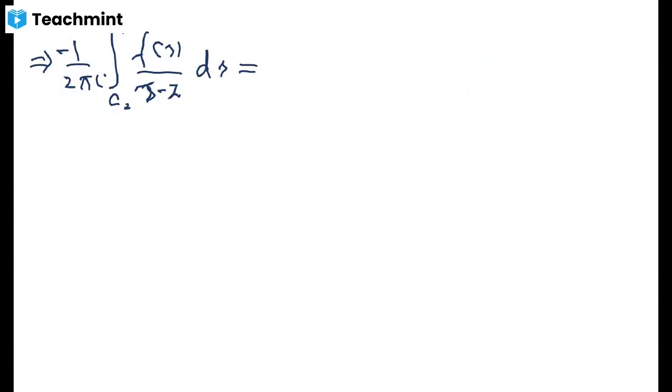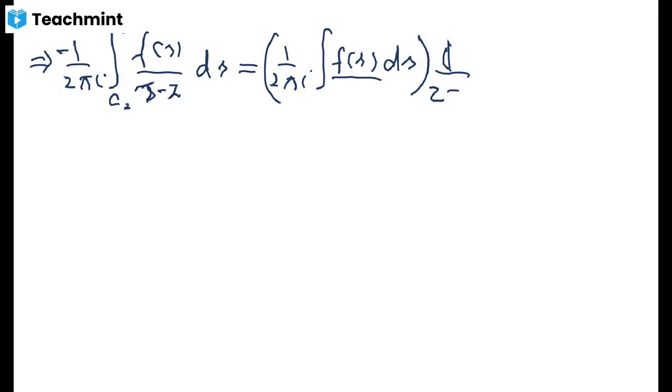So it is now 1 upon 2 pi i integral of f of zeta d zeta upon, sorry, let me write it, 1 upon z minus z naught. I can write this z minus z naught separately, it has nothing to do with the integral. Plus the second term is 1 upon z minus z naught square, 1 upon 2 pi i integral of f of zeta.